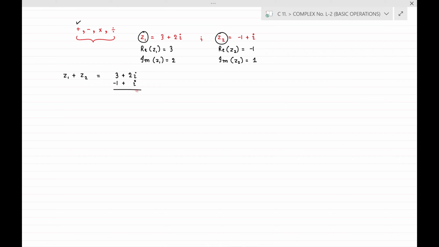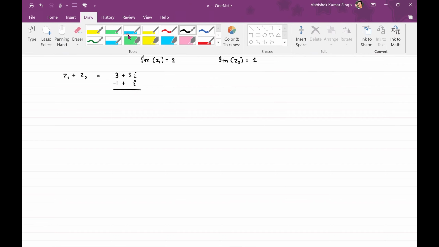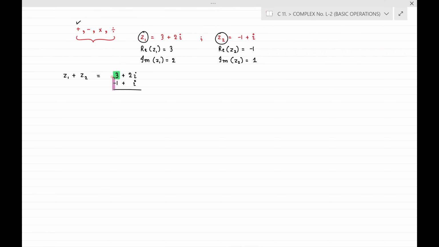Now when you add these two complex numbers, real part will be added to real part and imaginary part will be added to imaginary part. It is very simple.